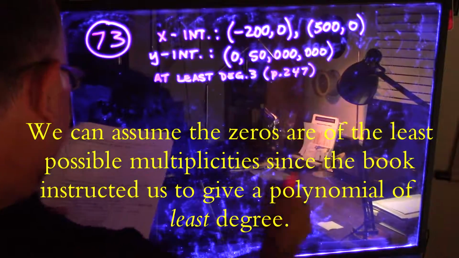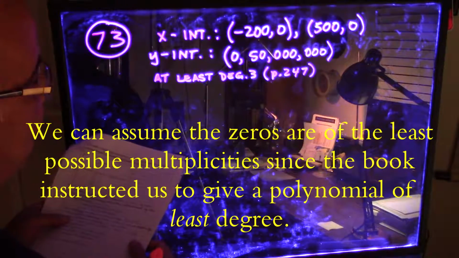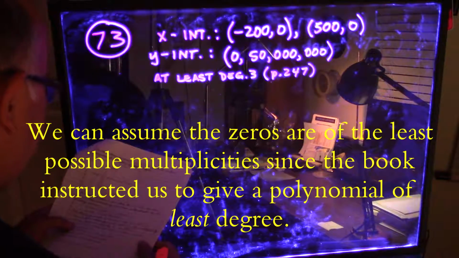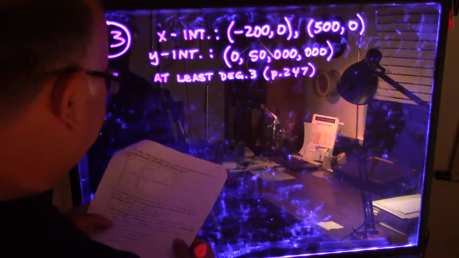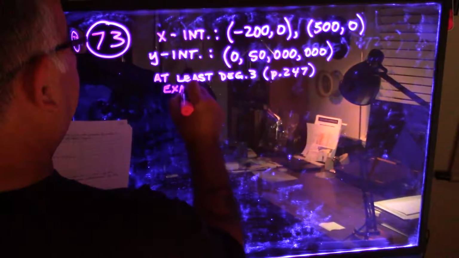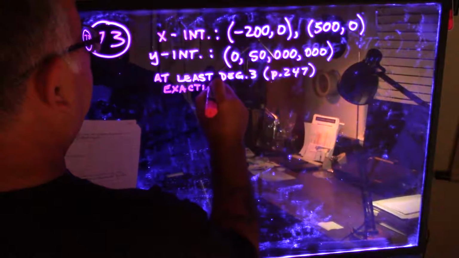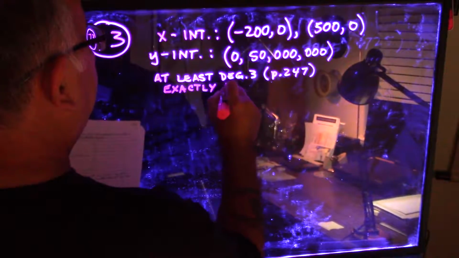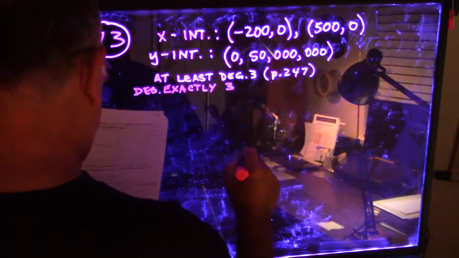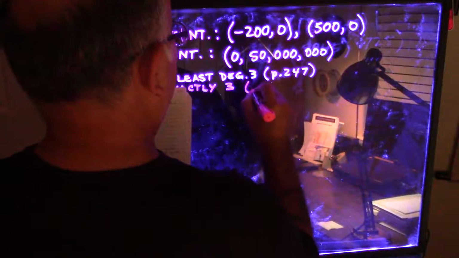And this intercept here, it bounces off, or it touches, all right? So that must be of multiplicity 2. So the degree must be exactly 3. And that's from page 244.